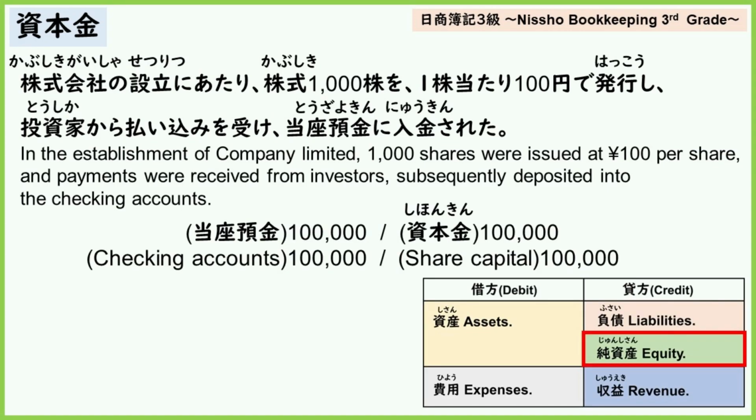The journal entry is debit, checking accounts 100,000. Credit, share capital 100,000. When equity accounts increase, we will credit them in the journal entry. Since a deposit has been made into the checking accounts, we will debit the checking accounts in the journal entry.